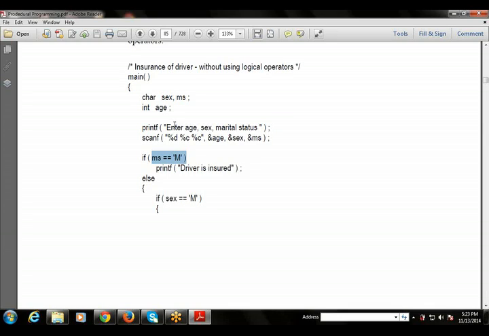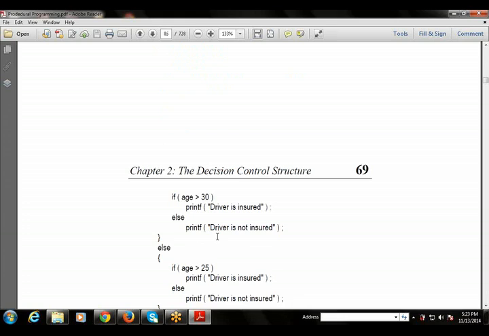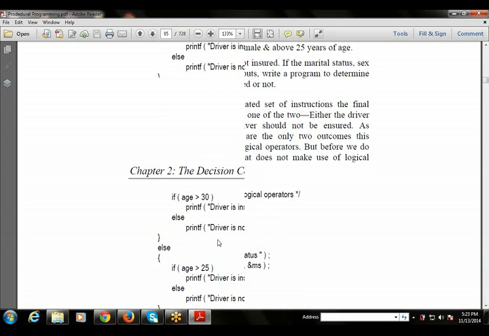Else, if the sex is equal to M, that is, the driver is male, not female, then again check the condition: if the age is greater than 30, then the driver is insured, otherwise the driver is not insured. Else, if the driver is female, that is not male, check the condition: if the age is greater than 25, then printf the driver is insured, otherwise the driver is not insured.